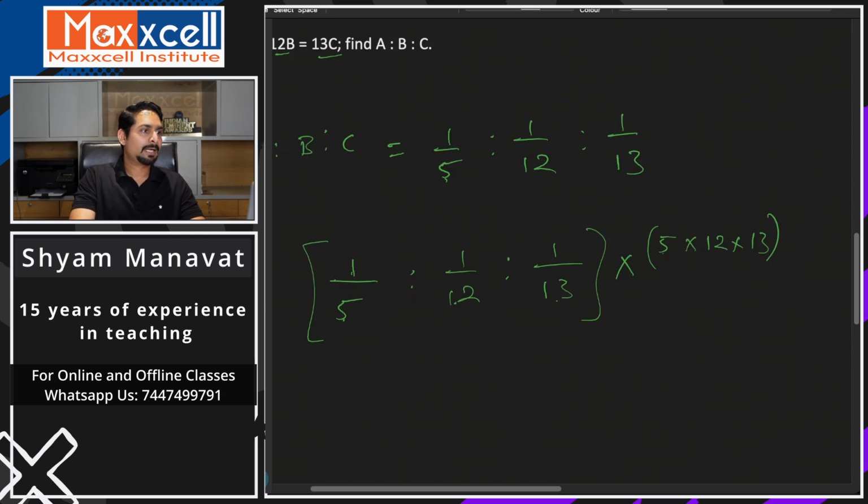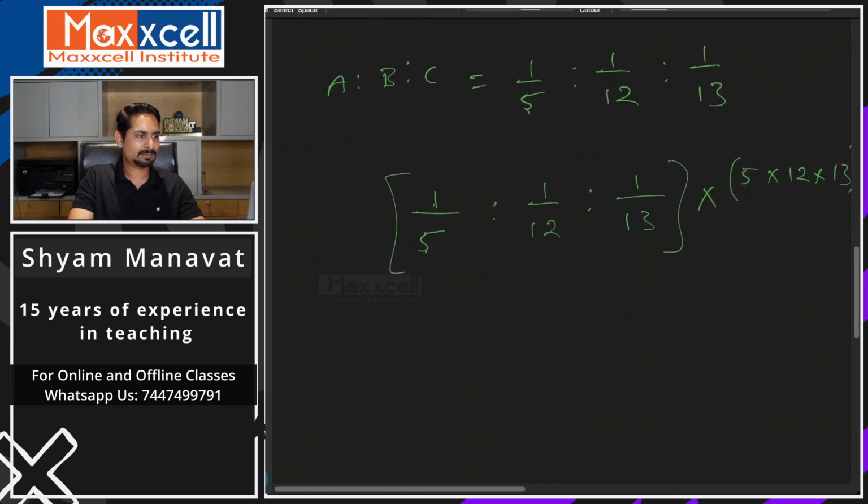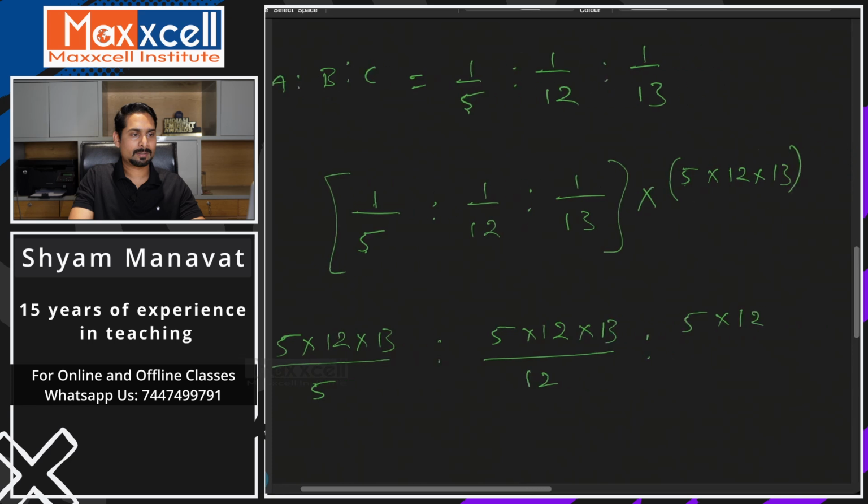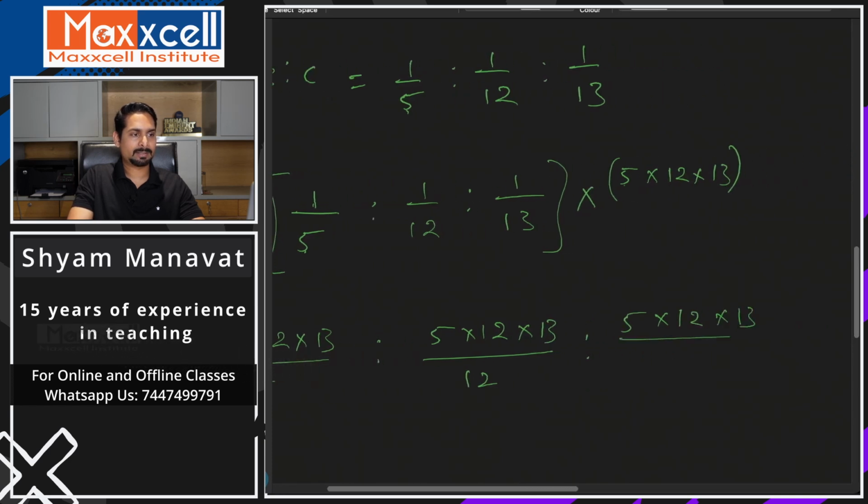Okay. And this is what we call being comfortable with numbers. And I will keep on showing you such kind of important tips as and when we come across. So multiply. If I multiply here, what will I get? I'll get 5 into 12 into 13 by 5, ratio 5 into 12 into 13 by 12 is to 5 into 12 into 13 by 13.